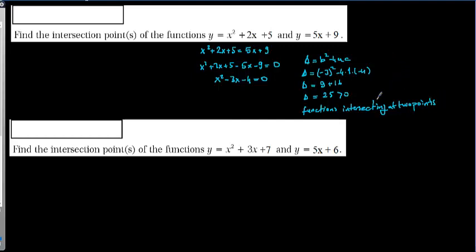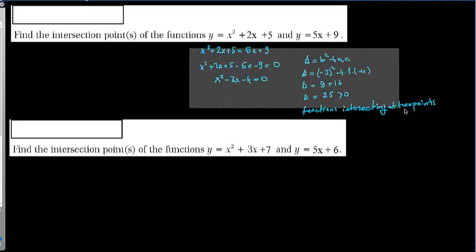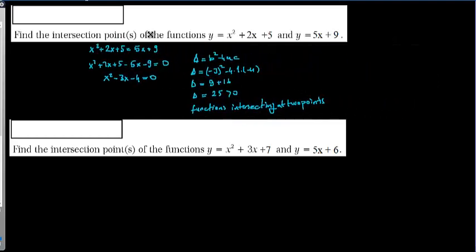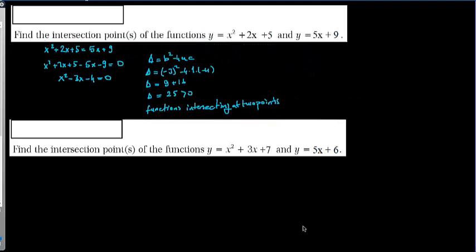Then we are going to do it like this. If you have the delta greater than 0 case, you can find x1. x1 is the first intersection point, which is the x value of the intersection point. x1 is equal to minus b plus root of delta over 2a.